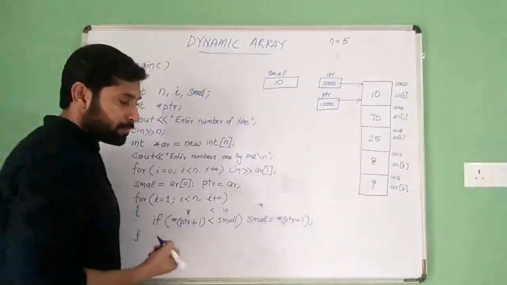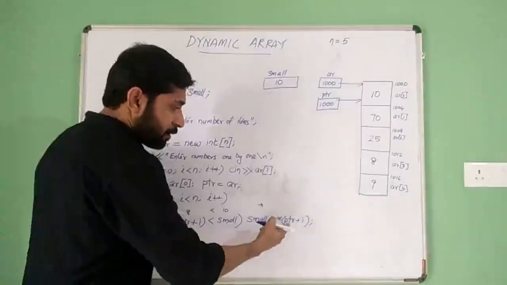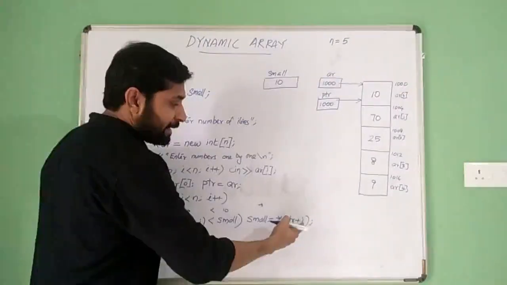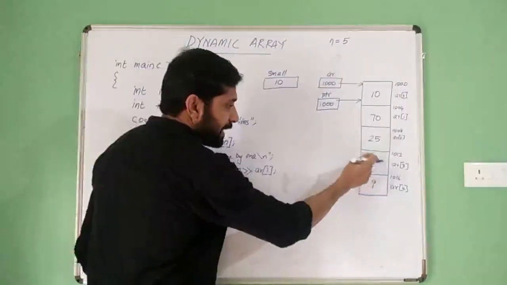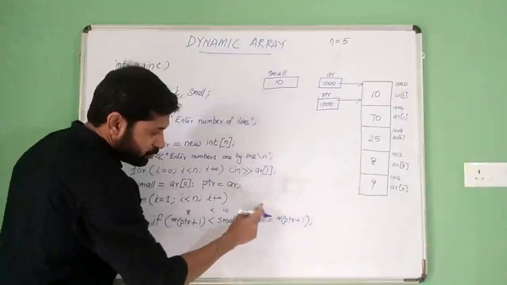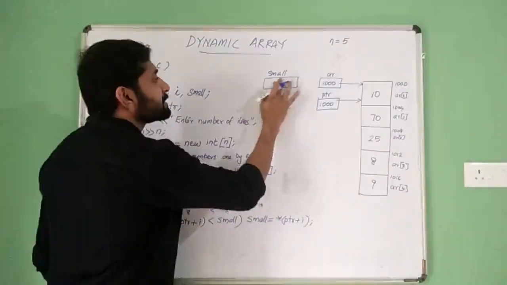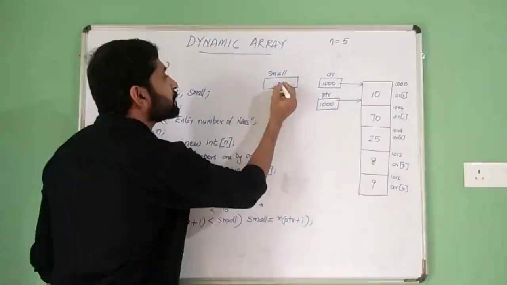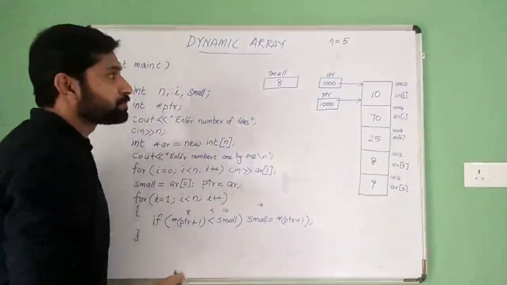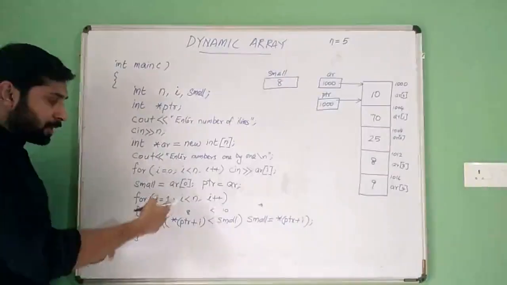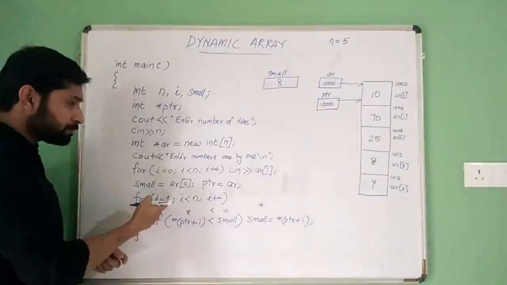Initially it contained 10. So this 8 is assigned to small. That is, this 10 will be gone and 8 will come there. And again I becomes 4.